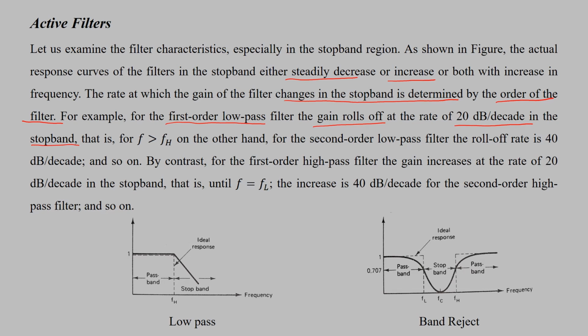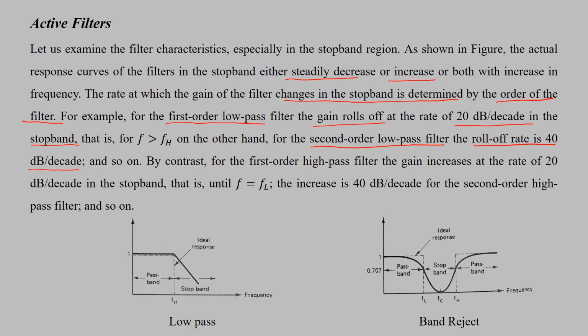On the other hand, a second order low pass filter will be using two capacitors, and because of that the roll off will be increased to 40 dB per decade, and so on for every increase in capacitor or the order of the filter.